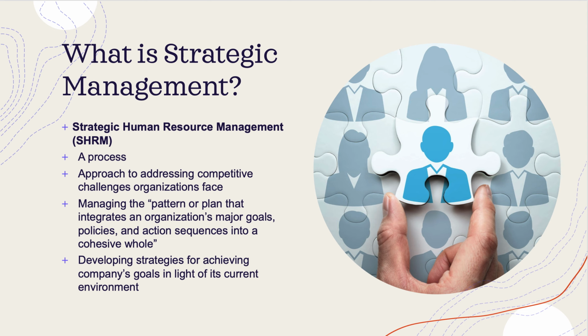HR managers should be trained to identify the competitive issues the company faces with regard to human resources and think strategically about how to respond. When we're looking at strategic HR management, it's a process for analyzing a company's competitive situation, developing the company's strategic goals, and devising a plan of action and allocation of resources that will help a company achieve its goals. See, there's a tie-in. All right, so hopefully that makes sense.